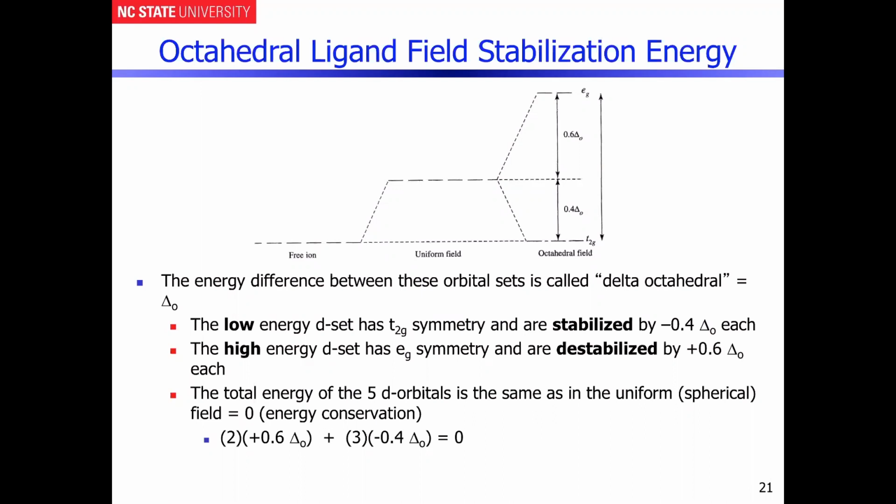So we're back to the octahedral geometry, but if you start out with the free ion, and you basically have the 5d orbitals that are degenerate, and then you put them into the spherical ligand field or uniform spherical field, however you like it, then your 5d orbitals are, again, still degenerate.